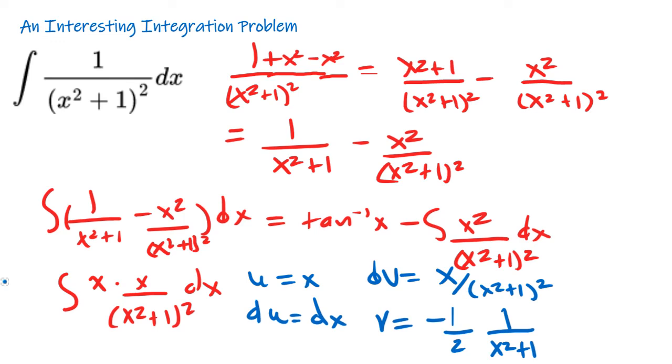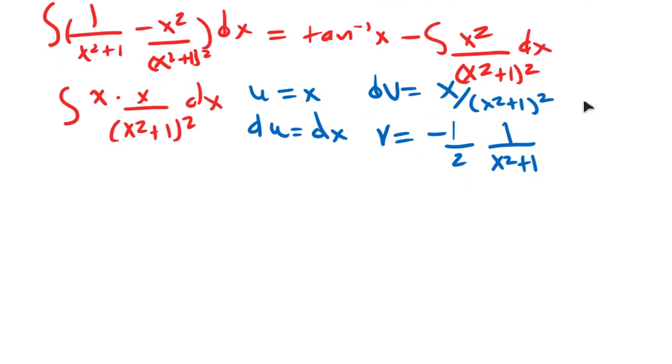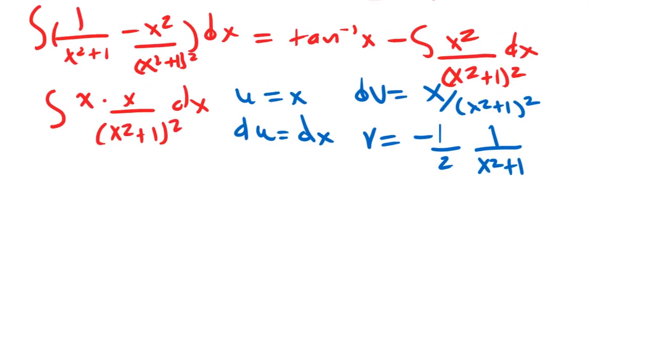Now we can piece this together by continuing with this integral, because we now know that the integral will become negative 1/2 times x over x squared plus 1. But it's going to be minus v du, and since v is negative, it's actually going to be a plus.